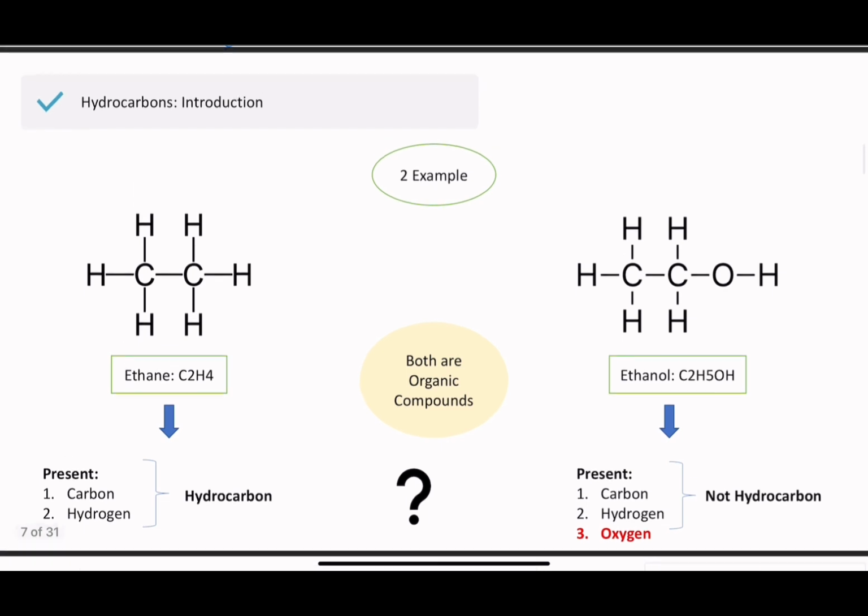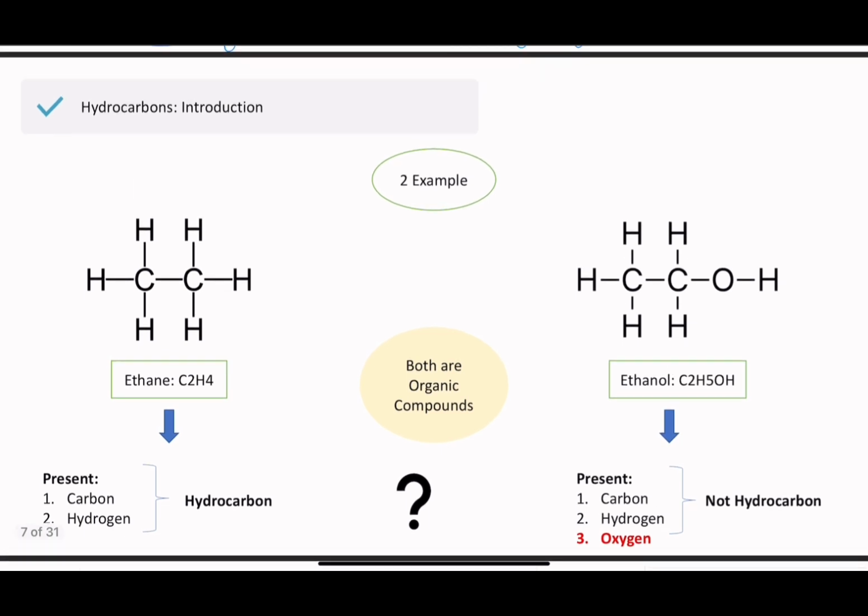So now we have an introduction. We're going to be talking about hydrocarbons. What is a hydrocarbon? It is made of hydrogen and carbon. As you can see here, we have ethane. We're going to talk about their names. We have carbon and hydrogen in here. That's why this is a hydrocarbon.